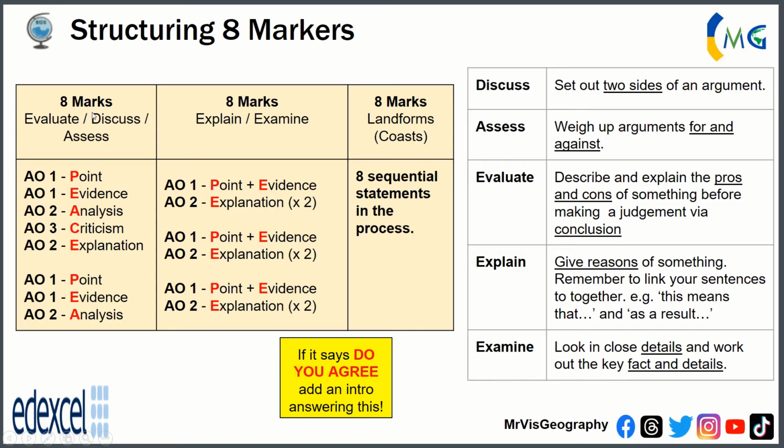And if it's evaluate, discuss, or assess, you make a PEEL paragraph, depending on what side of the argument you're looking at. So if you have to assess and you think you're more on the side for than against, you'd have a point for, evidence, analyze why, criticize saying why some people might be against, and then give another reason people are for, and stay on that side of the argument. Does that make sense? That's basically a paragraph and a half of PEEL for an 8 mark.